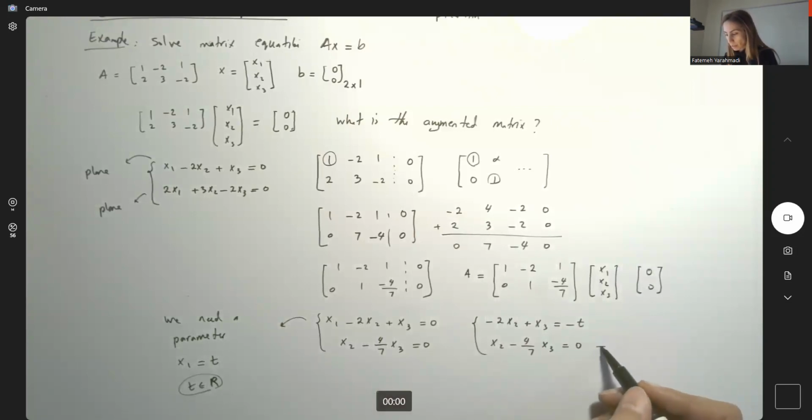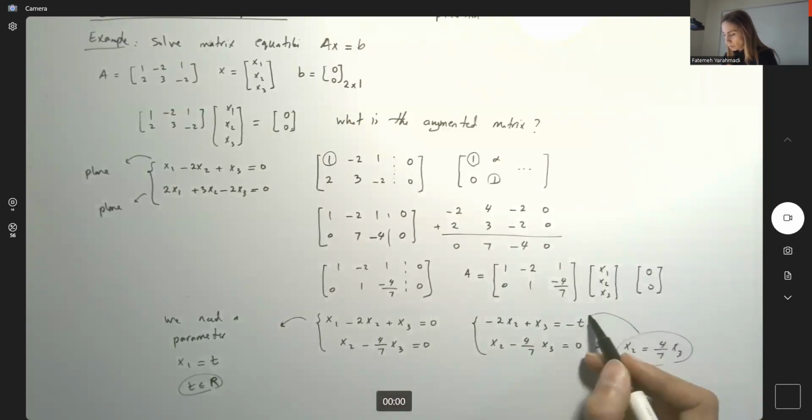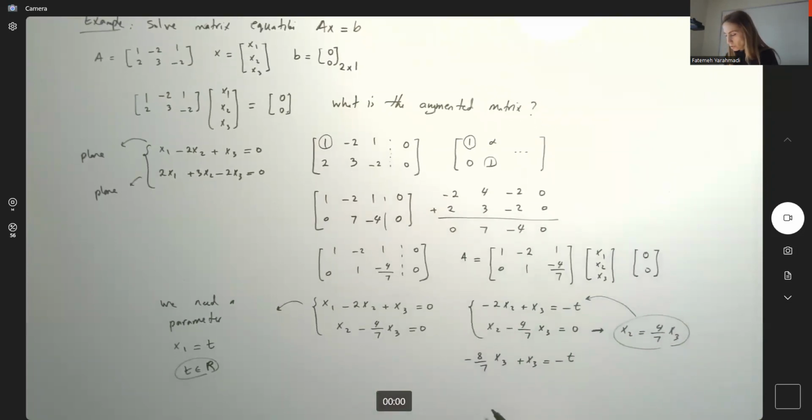You can write this as x2 equals 4 over 7 x3. And then we can substitute this up here. You get negative 8 over 7 x3 plus x3 equals negative t. And let's just continue. So you get negative x3 divided by 7 equals negative t, or x3 becomes 7t.